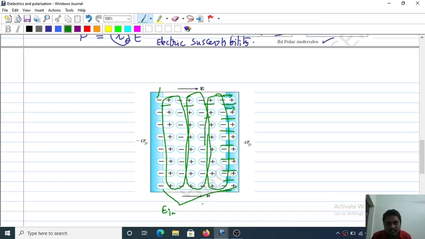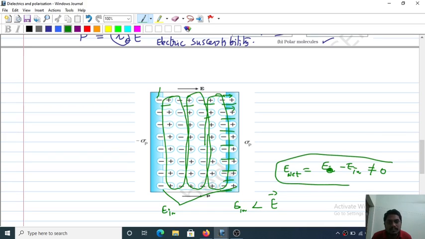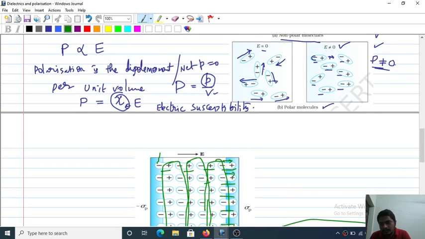The remaining charges are cancelled. That is why the induced electric field is less than the outside electric field. So the net electric field is E outside minus E induced, which will never be equal to 0. This is the reason why a net electric field exists inside a dielectric, whereas the net electric field inside a conductor is 0. Okay, thank you.